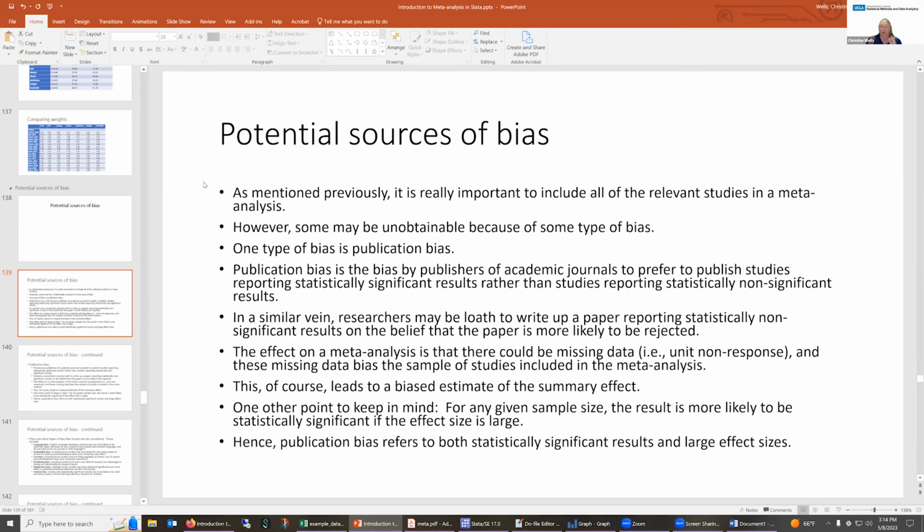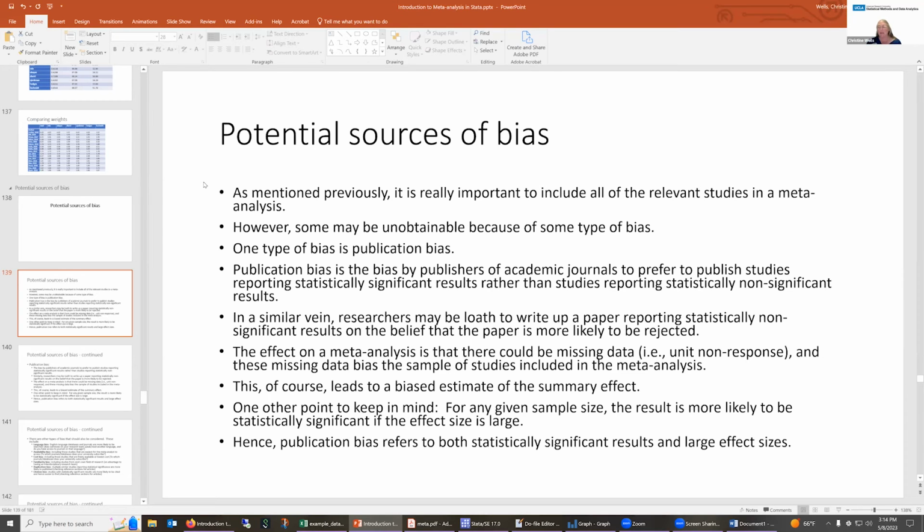All right. So as we've talked about, it's really important to include all of the relevant studies in a meta-analysis, but some of them may be unobtainable, and this could lead to some sort of bias.